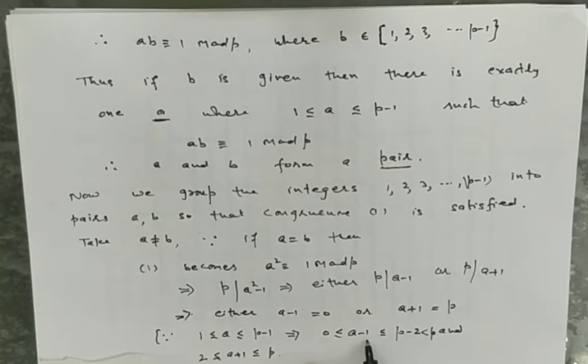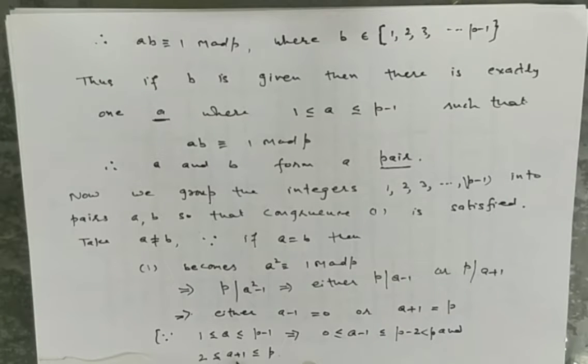Therefore, a minus 1 will be less than or equal to p minus 2 and greater than or equal to 0, but p minus 2 is less than p. Therefore, since p divides a minus 1, a minus 1 must be equal to 0.